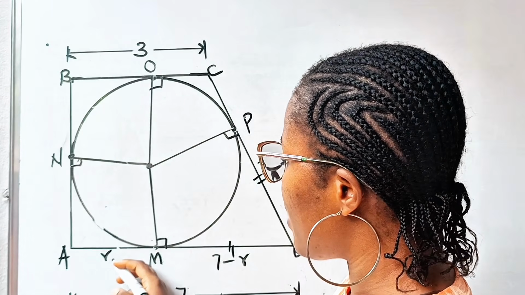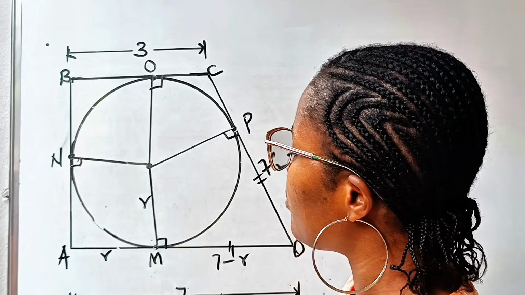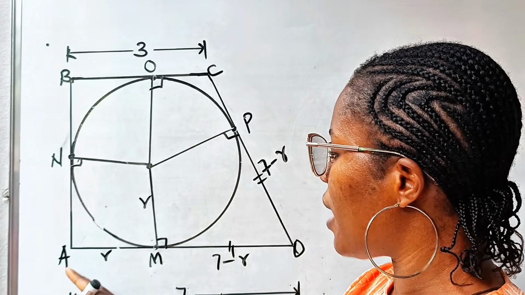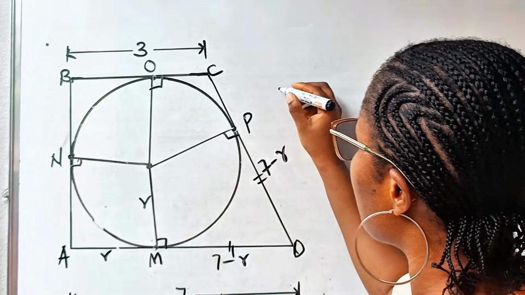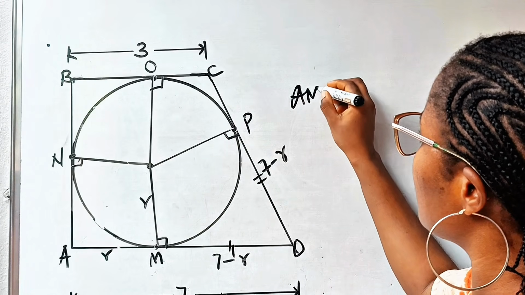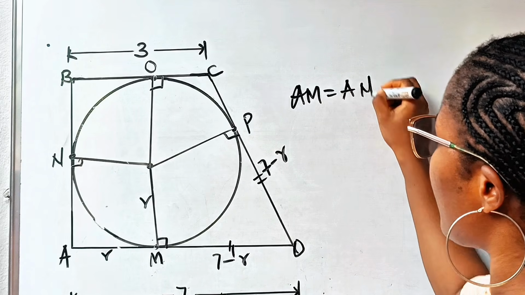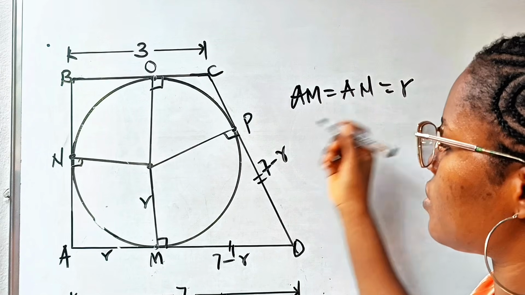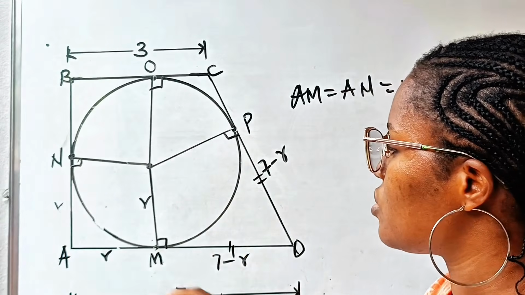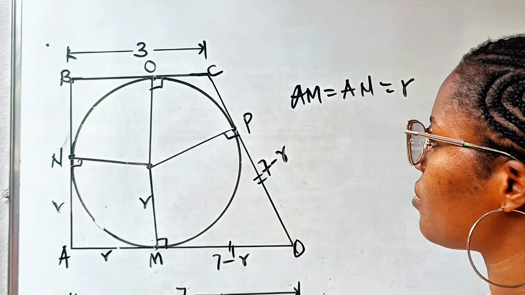Now, here is R. Here is R. Now, remember that the same theorem we apply to AM and AN. So AM will be equal to AN, which is equal to R. So I will label this to be R as well.